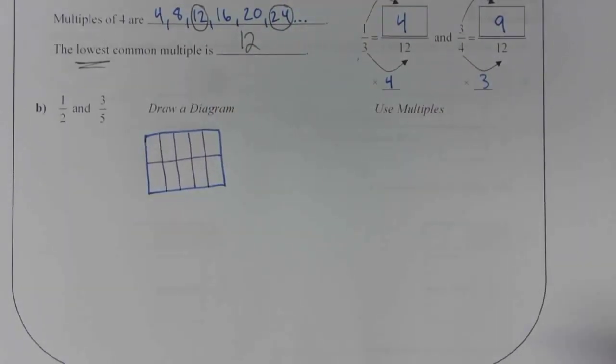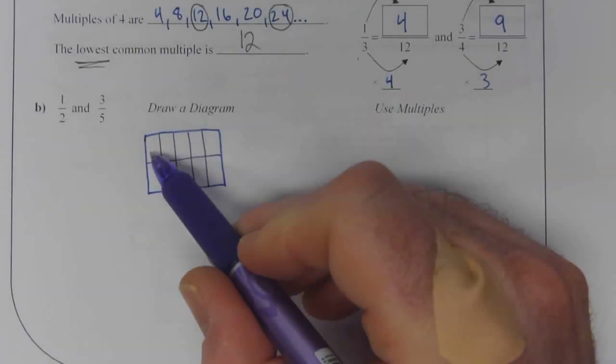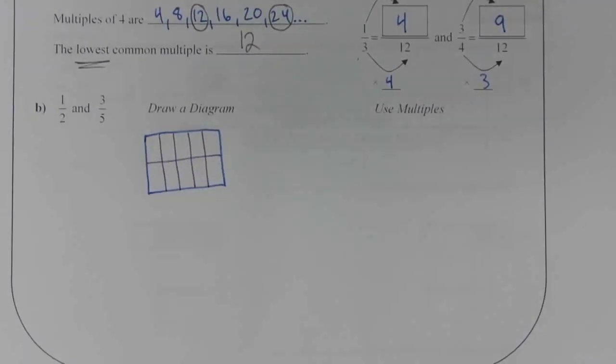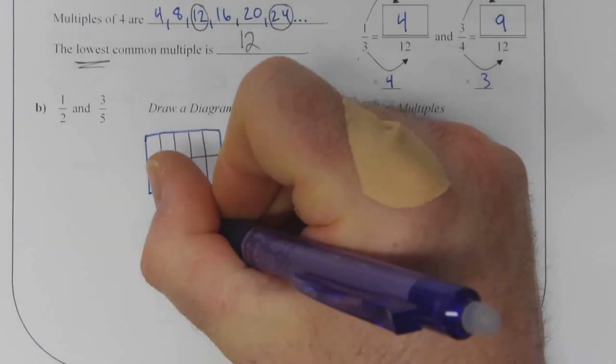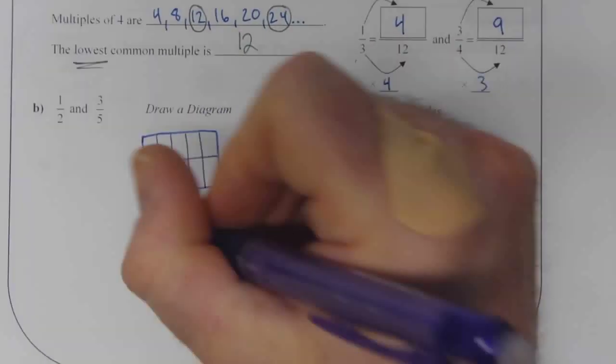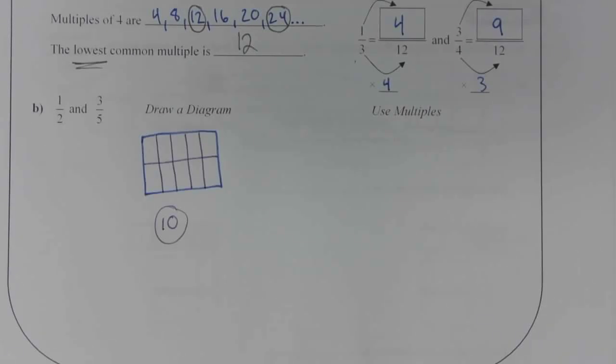So that's a 2 by 5 rectangle. So there are now 10 pieces in there. So my common denominator is going to be 10. That's what doing the diagram does for me.